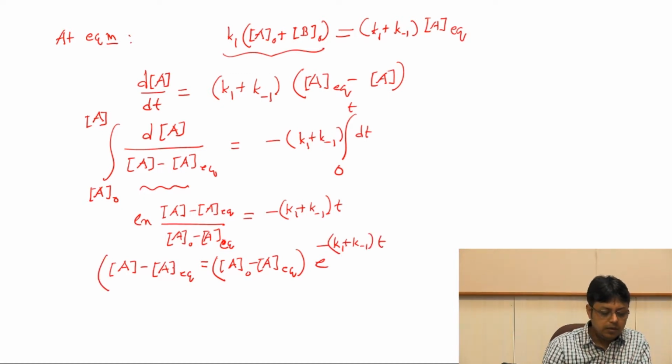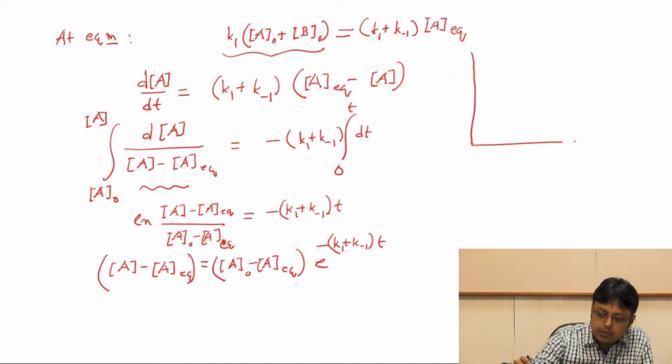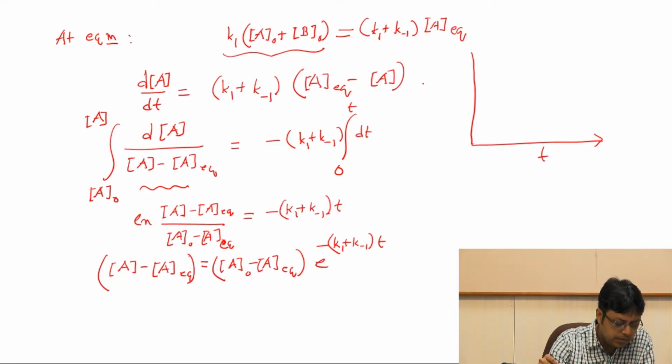So then we can actually plot it like this. Suppose with respect to time, we are plotting A0 minus A equilibrium, or you can plot A by A0.